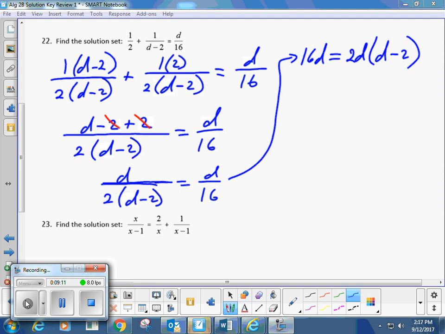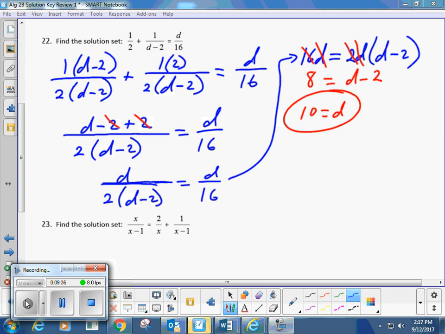However, what I'm trying to point out here is that I could divide both sides by d, which would cancel these two out. You can divide both sides by 2, making this an 8, and you can proceed from there. I'll go back in just a minute if you missed that. But in this case, I'd end up with that, and I can add the 2 to both sides and get d equals 10. That's one way to solve that.